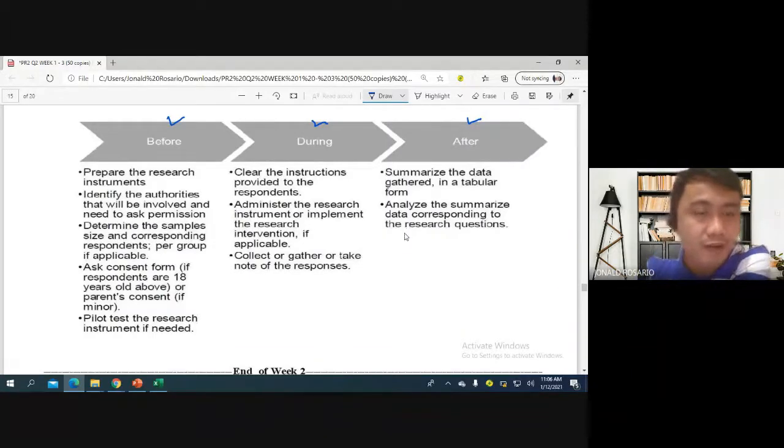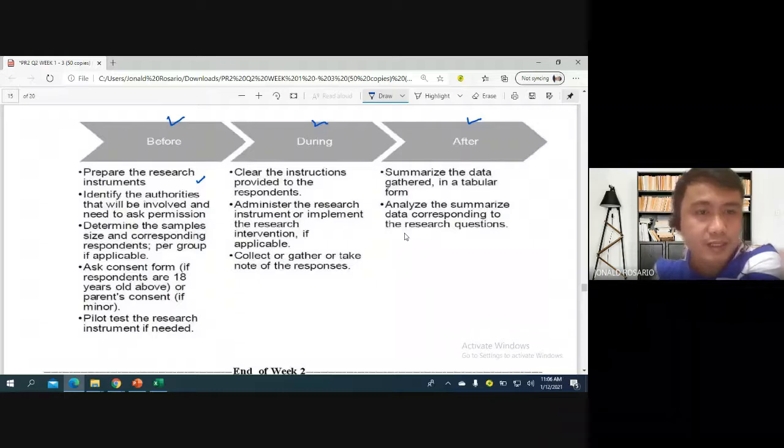Okay, so before, you can prepare the research instruments. Pero ang gusto ko, isulat nyo in a paragraph form, hindi nakalagay as ganitong format. I-paragraph form nyo na lang.